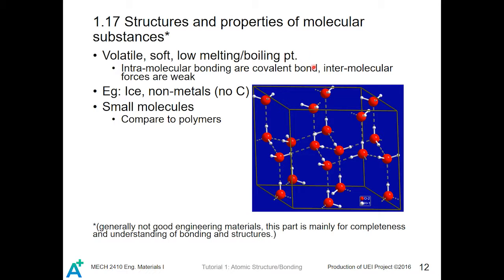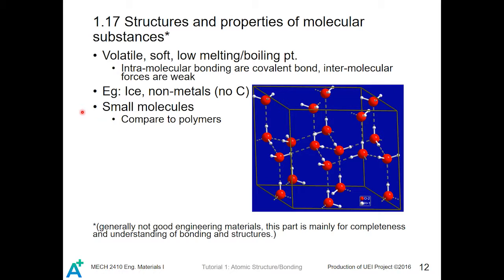Structures and properties of molecular substances. They are volatile, they are soft, and they have very low melting and boiling points. It is because intramolecular bondings are covalent, but intermolecular forces are very weak.